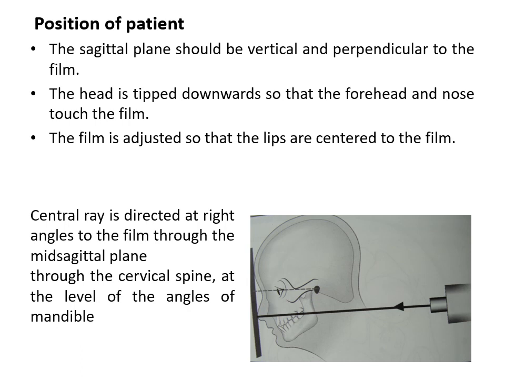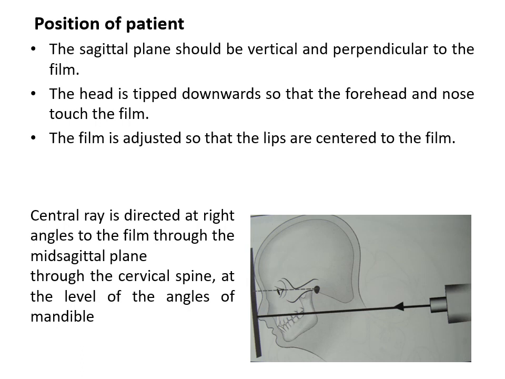So up to here, the film placement and the position of the patient are exactly the same as those of the postero-anterior view of the skull. The only difference is that the direction of the central ray is different. The central ray is directed at right angles to the film through the mid-sagittal plane, through the cervical spine at the level of the angles of the mandible.